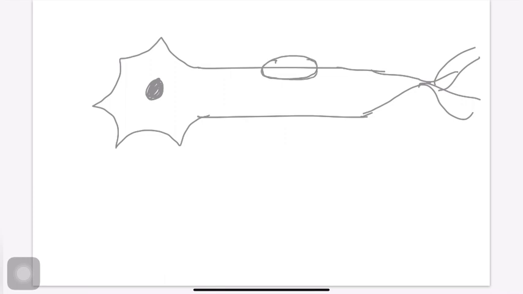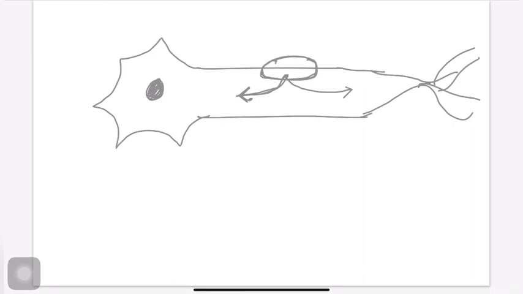If the impulse is generated in this part of the neuron, this impulse can be transmitted in both directions. Very important. The impulse can be transmitted in an axon in both directions, that is towards the cell body and also towards the synaptic terminal. So axonal conduction takes place in both directions, both orthodromic and antidromic.